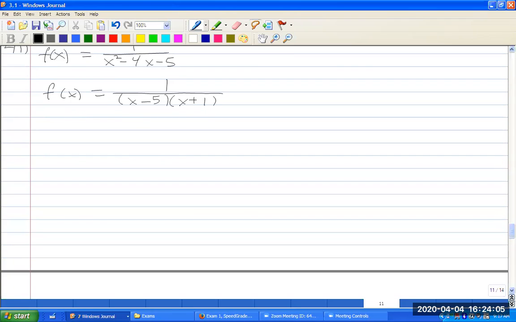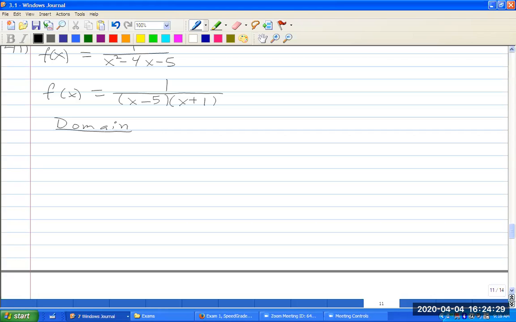Okay. And I'll put the root with largest absolute value first. So now I want to find the domain of this function. In this case, we're not taking even roots of negative numbers because we have no even roots. We are, however, possibly dividing by 0.